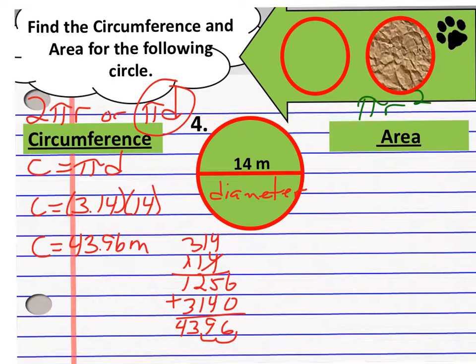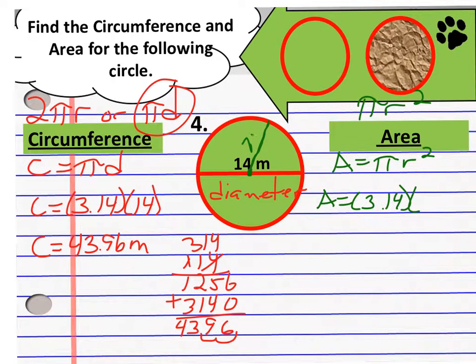On the area side, only one formula, so copy it down. Pi r squared. So let's figure out what we're going to fill in. Pi, we know, is 3.14. Easy enough. Done it enough times already. But the r isn't labeled yet, so let's go ahead and do so. The diameter is 14, so as we learned yesterday, we cut it in half.